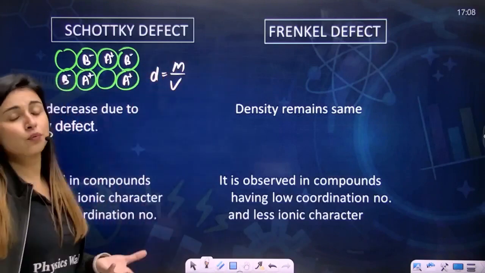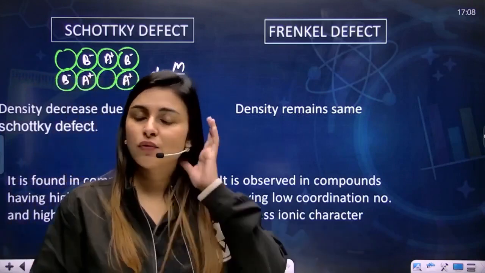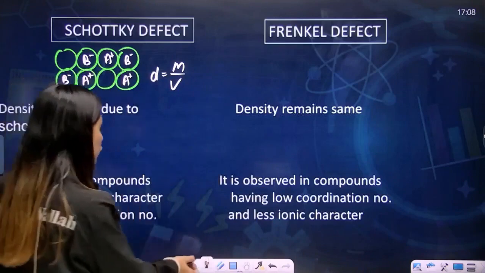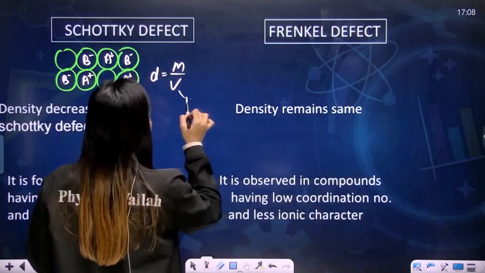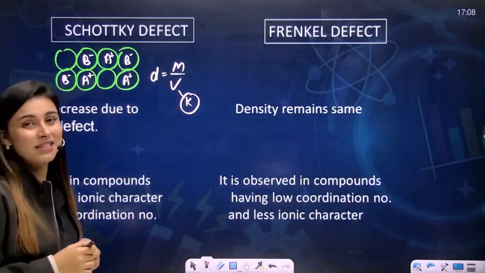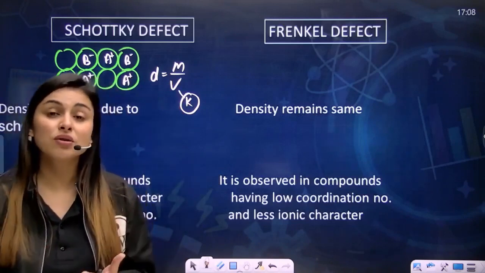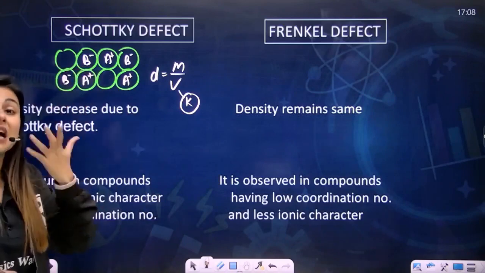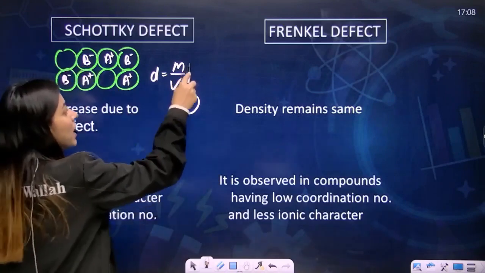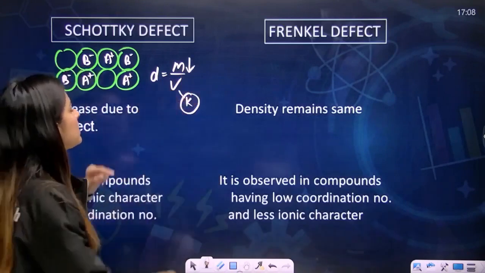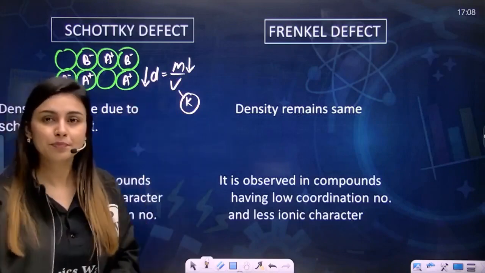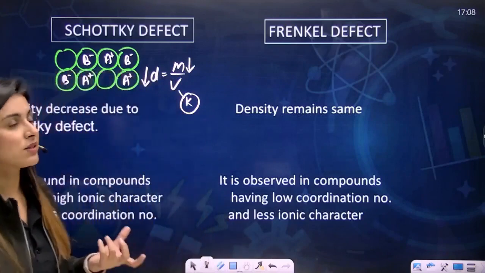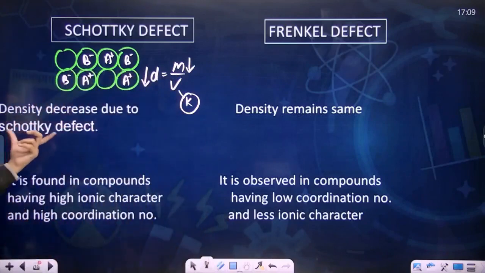Volume is for the lattice, the cubic lattice, so volume will not change, it will remain constant. But the mass is because of the ions present. Now what is happening? Two of the ions are missing. This means that mass is decreasing, and since mass is decreasing, your density will definitely decrease. So this is the defect where density actually decreases. So what will we say? Density decreases due to the Schottky defect.